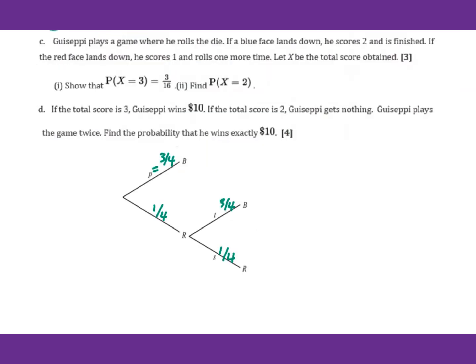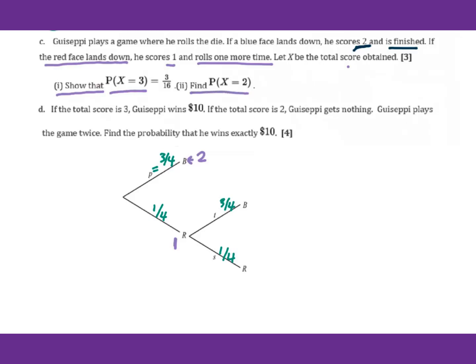Let's go to C. This guy plays a game where he rolls the die. If a blue face lands down, he scores 2. And it's finished. So he will get the 2 points for this. If the red face lands down, he scores 1 and rolls one more time. This is a score 1. Then let X be the total score obtained. Show that probability X equals 3 is 3 over 16.